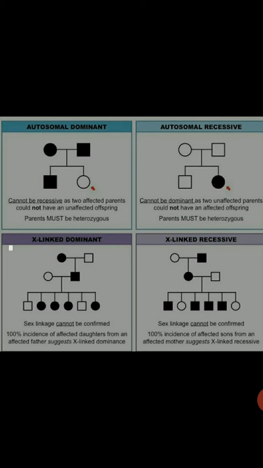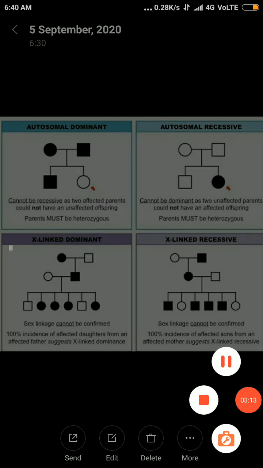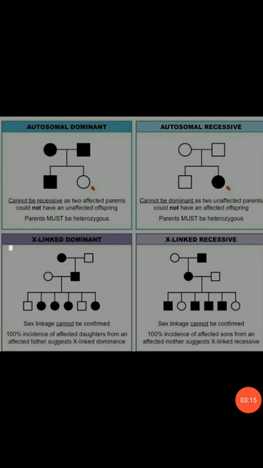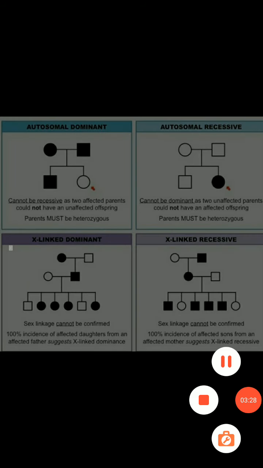So you can see it is an X-linked recessive trait. And we can say males are more affected, and the disease transfers from mother to son and father to daughter.